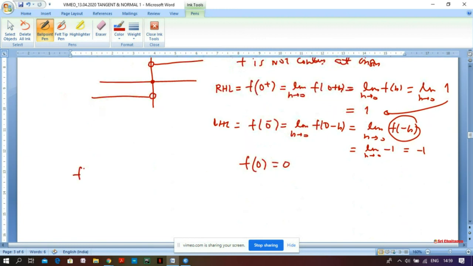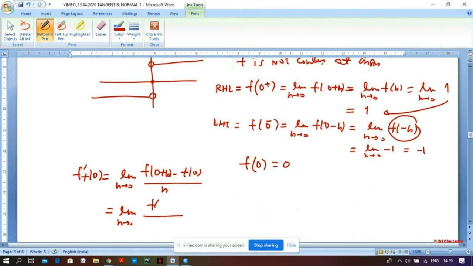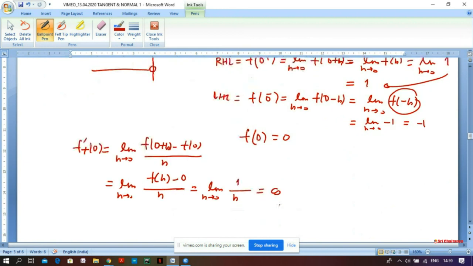Although if I calculate f prime plus of 0, by definition, it is the limit as h tends to 0 of f of 0 plus h minus f of 0 over h, and that gives you the limit as h tends to 0 of f of h minus f of 0, which is 0, over h. So the limit as h tends to 0 of 1 over h, and this we know is positive infinity.